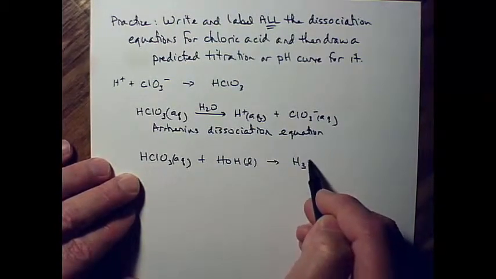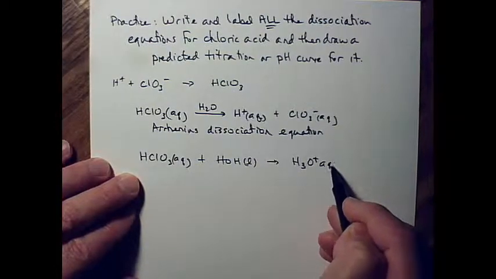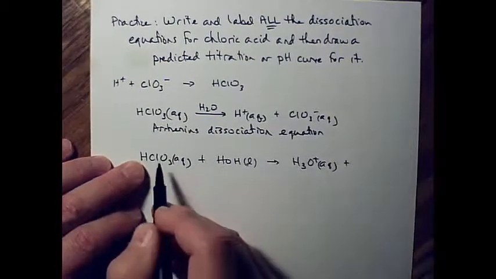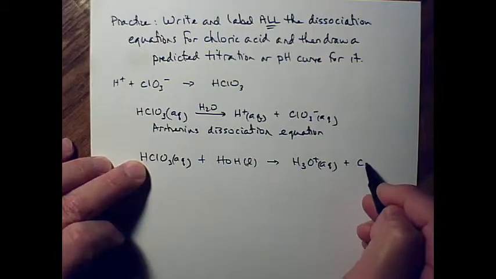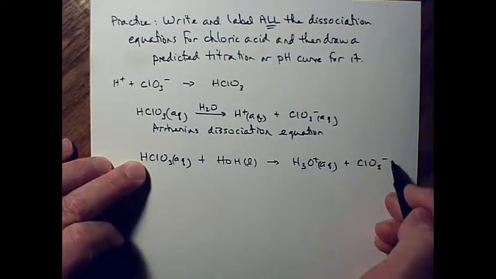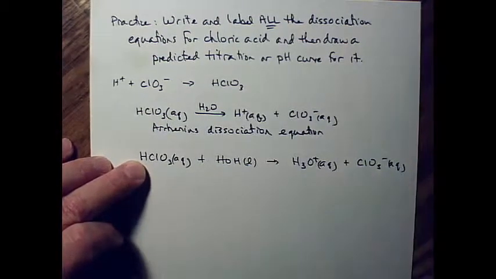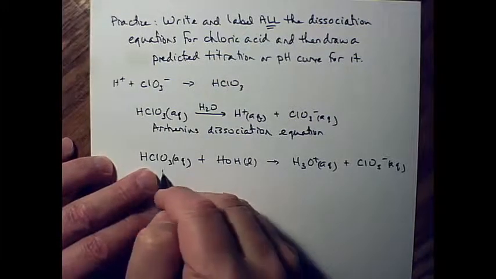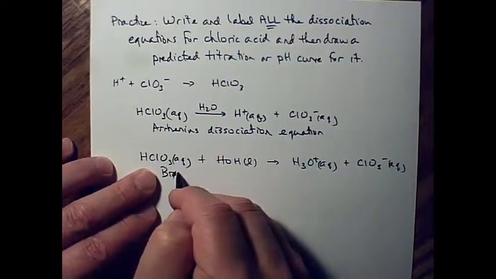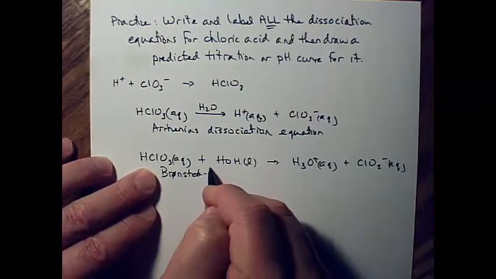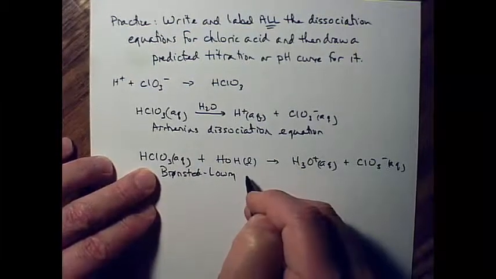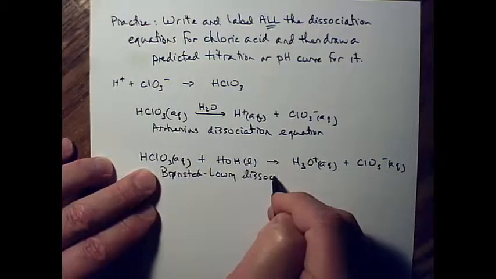And we get this hydronium ion. And we get the anion that's left over. And so this is the Bronsted-Lowry dissociation equation.